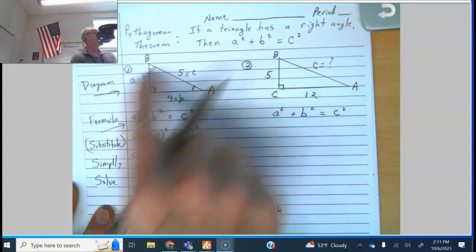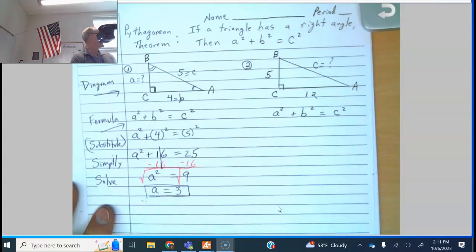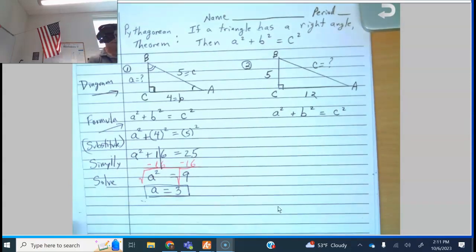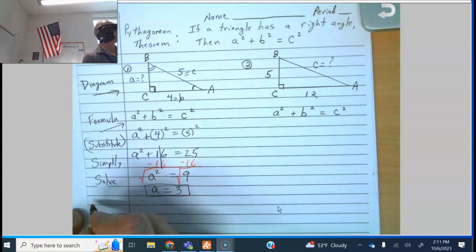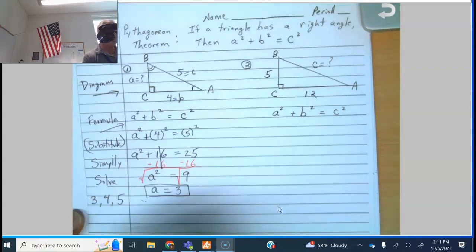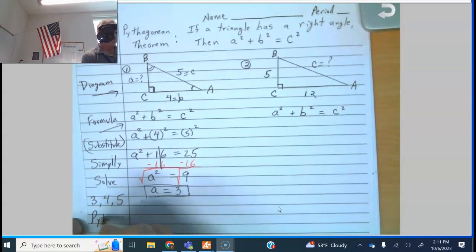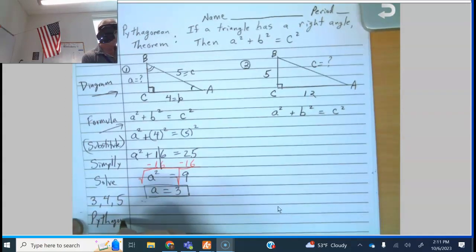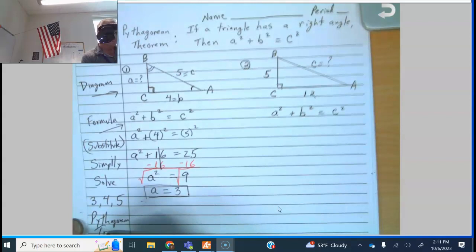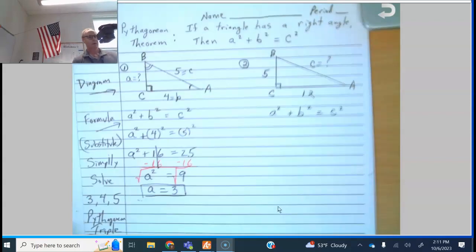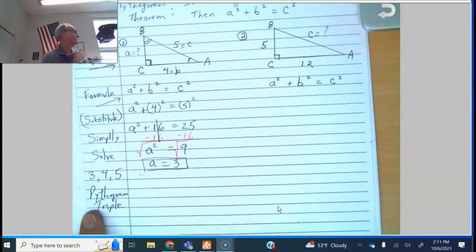These three sides on a triangle always gives you a right triangle, 3, 4, 5. It has a name. It's called a Pythagorean triple.